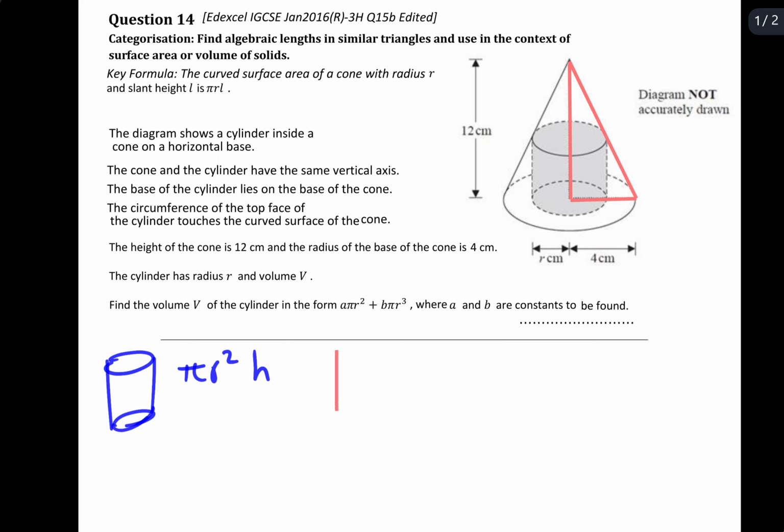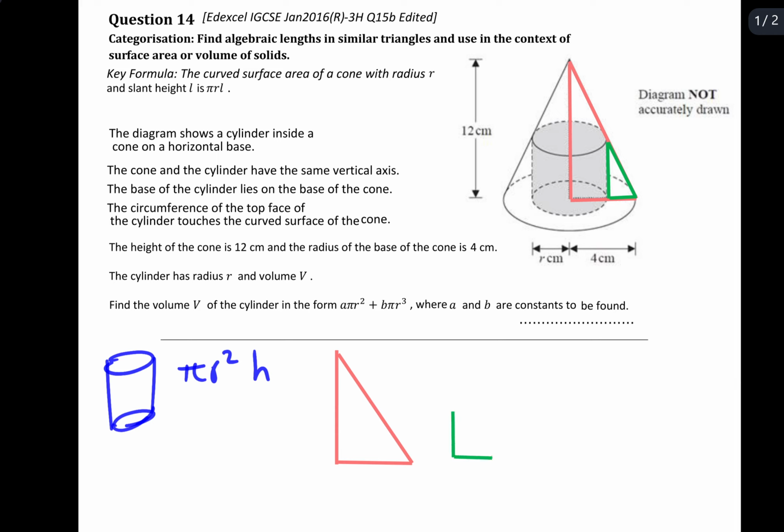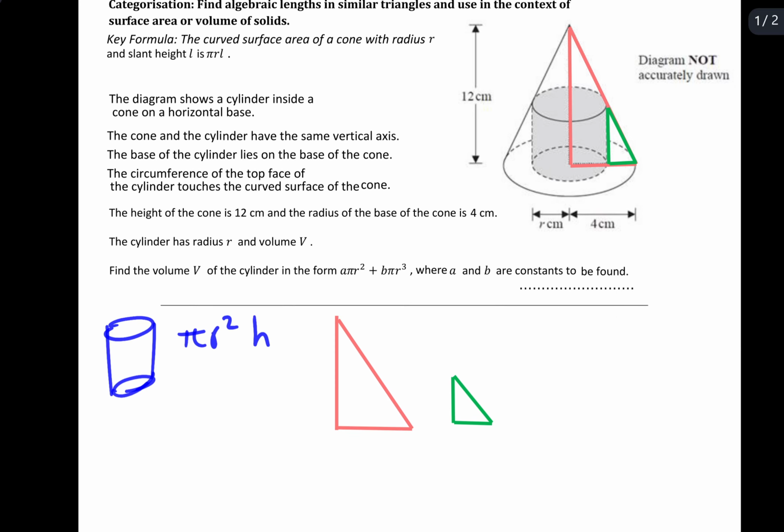So I'm going to sketch this triangle out down there because we're going to label it. And actually you can see there's a triangle within that triangle down here. So it's quite tricky to spot this, but with a bit of practice and familiarity we can become adept at answering questions like this.